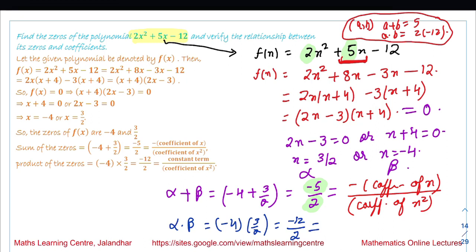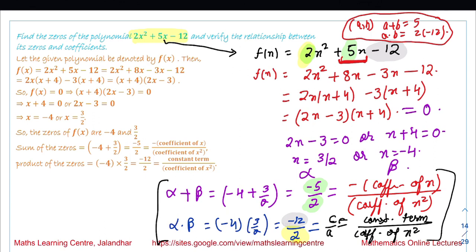We are writing it as minus 12 by 2 because this minus 12 is C and this 2 is A. So we are saying this is equal to C by A, that is equal to constant term over coefficient of x square. So we see that our formula is verified. This is our second part, verify the relationship between the zeros and coefficients. So this relationship is verified.